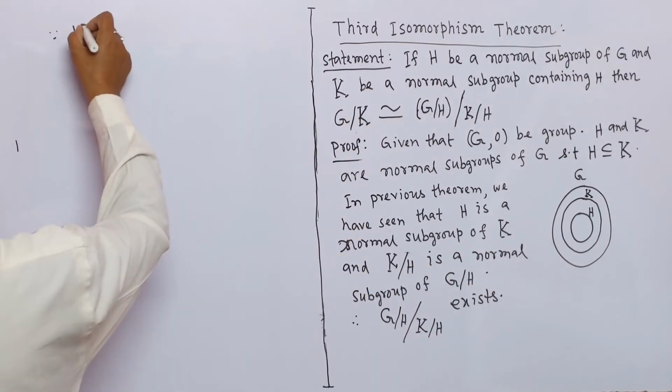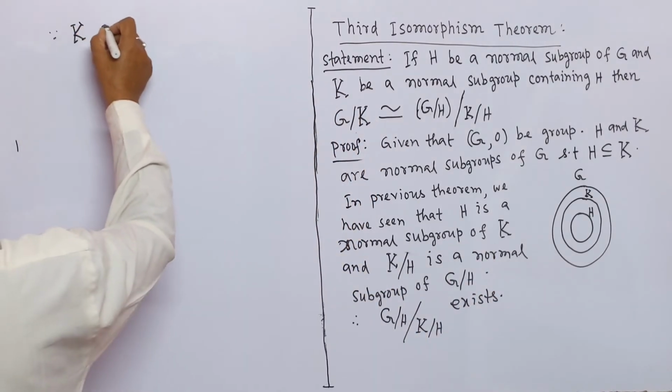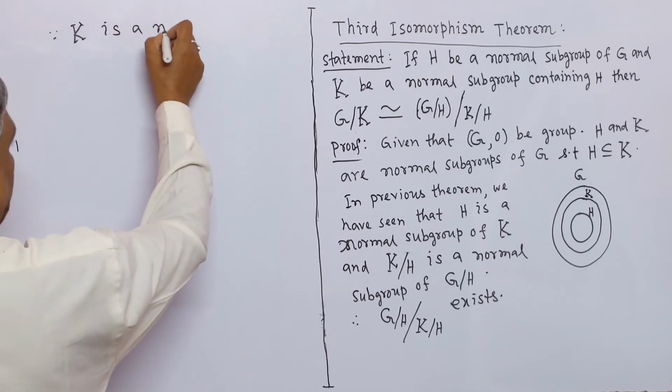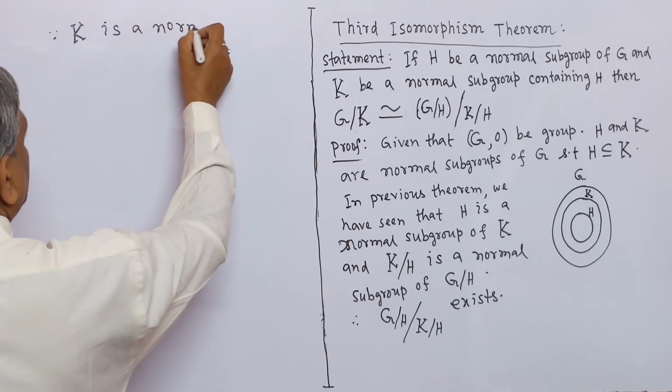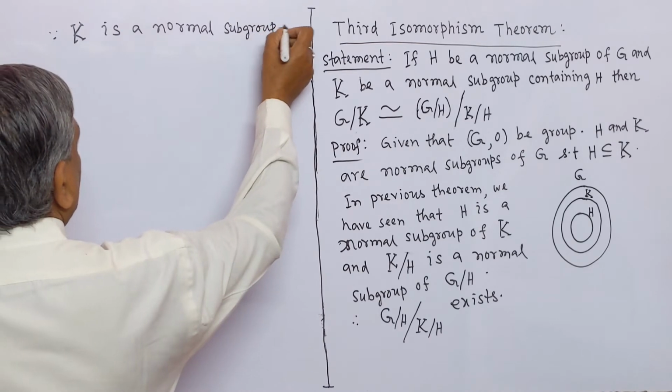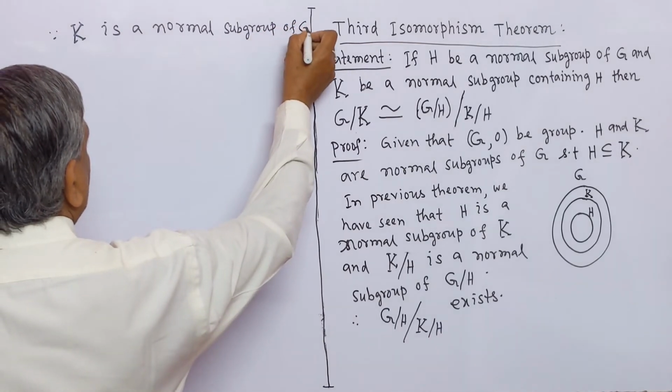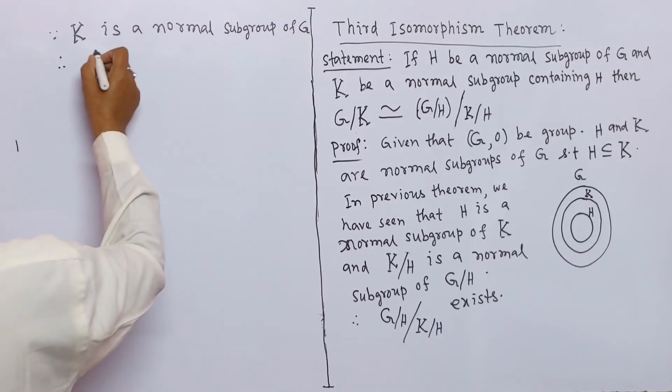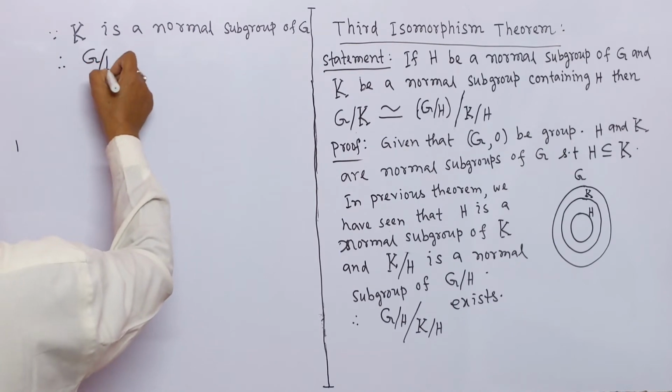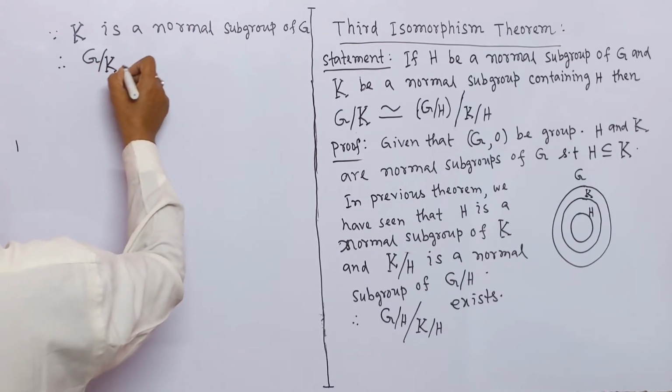Since K is a normal subgroup of G, therefore quotient group G by K exists.